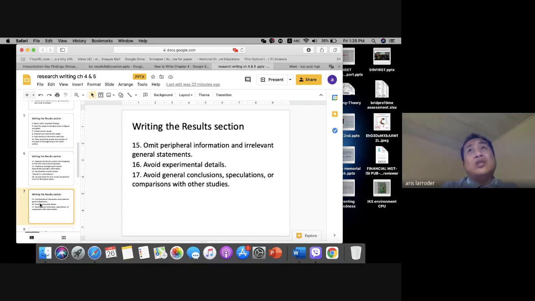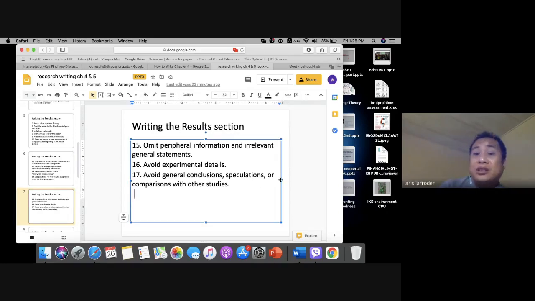So writing results and discussion must be reflective of the changes or modifications during the conduct of the experiment. But these are not written in the results section; they are reflected in the methods section. You avoid general conclusions, speculations, or comparisons with other studies.